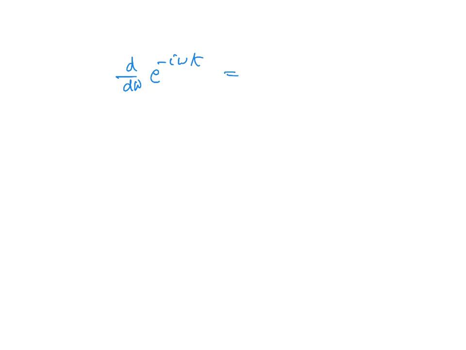If you differentiate exponential minus i omega t by omega, what do you get? i d/d omega of exponential minus i omega t is t exponential minus i omega t, right?